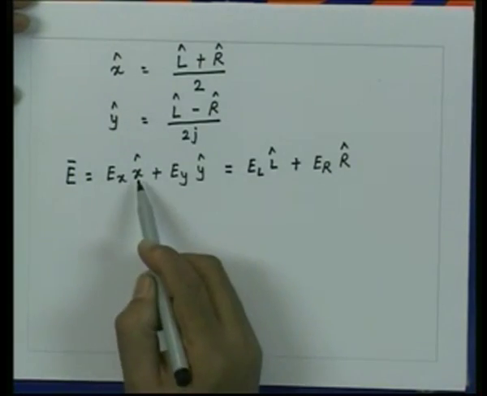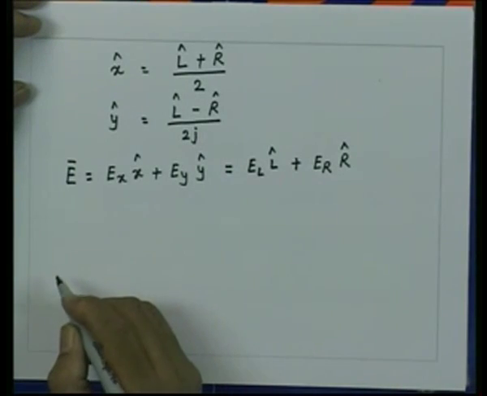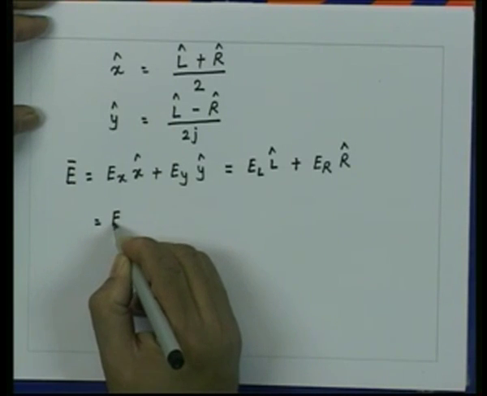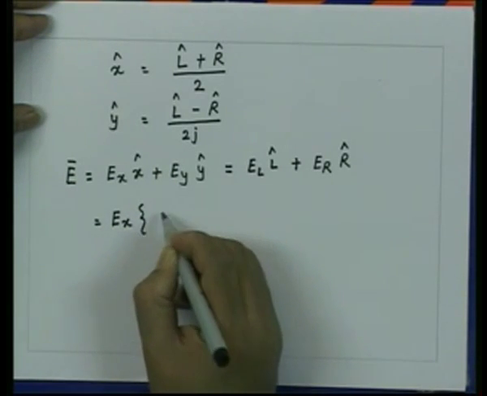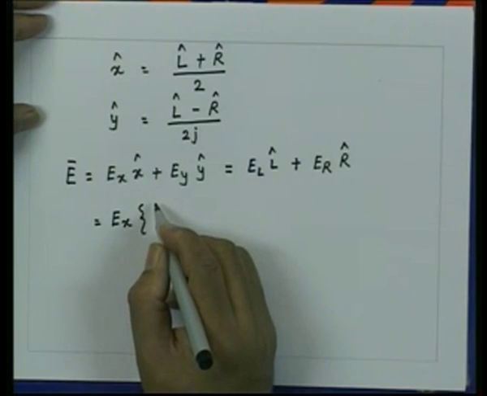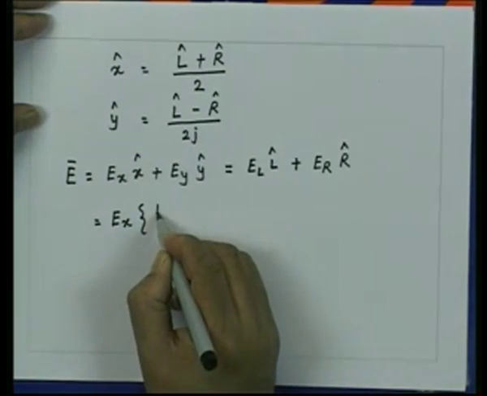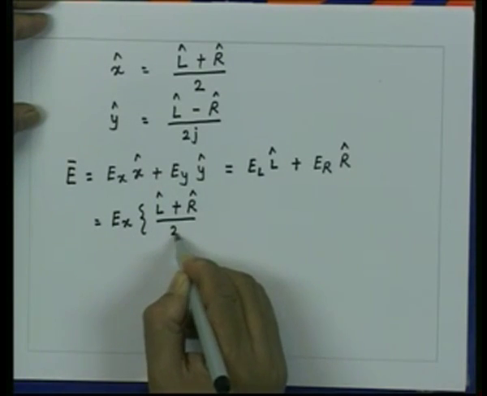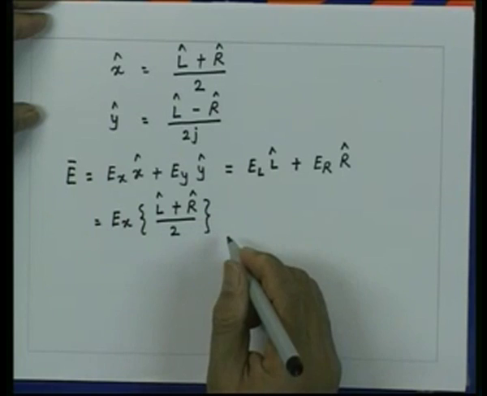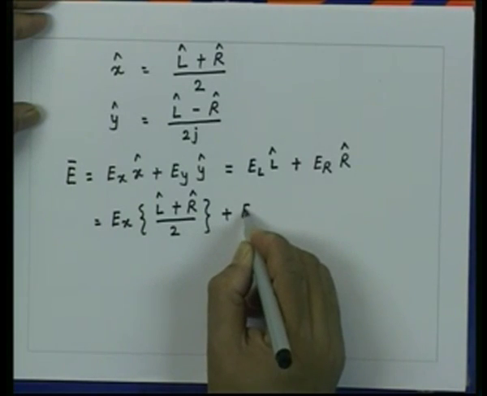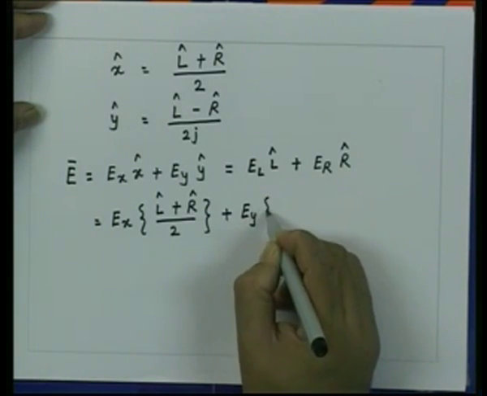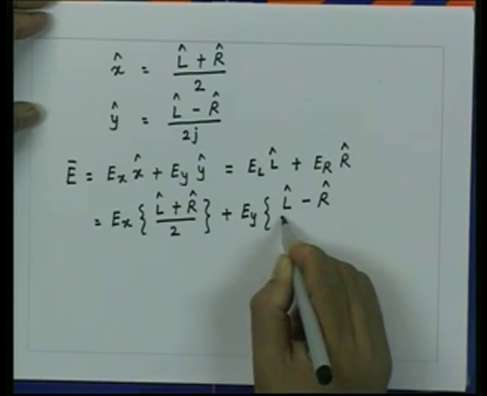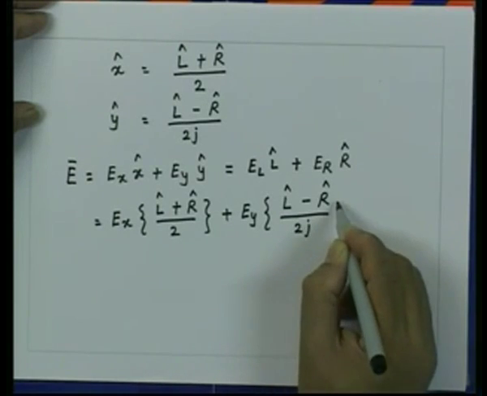Substituting now for x and y from here, essentially this is equal to E x times the x component, which is L plus r upon 2, plus E y times L minus r upon 2j.